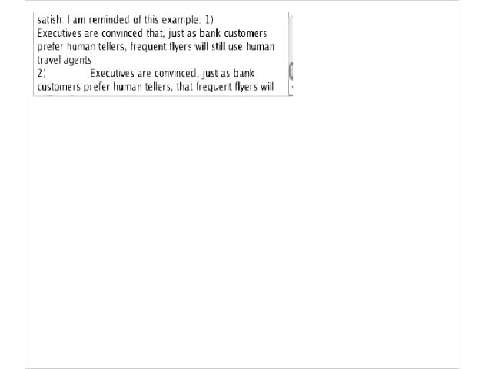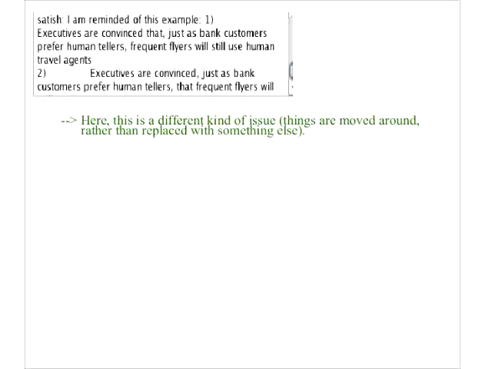But here, this is a different kind of issue, because things are moved around rather than changed into something else. So this problem is discussed in the modifier placement study hall. I don't know the exact date of that study hall, but you should be able to search it. So this is not the point right now. Okay, let's move on to another problem.